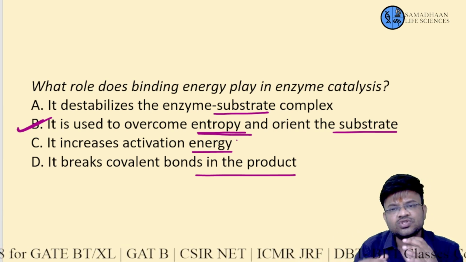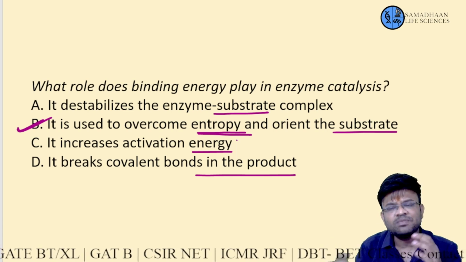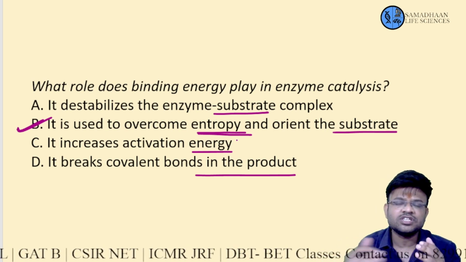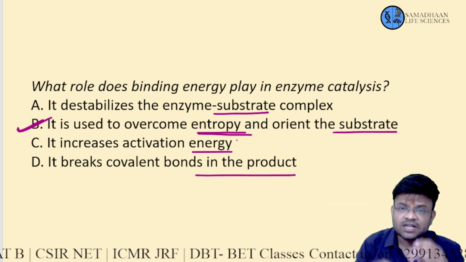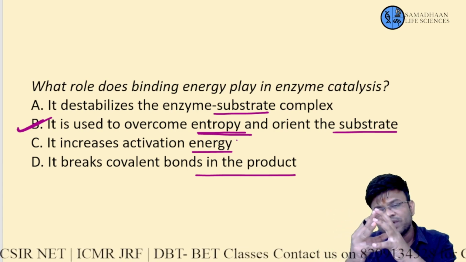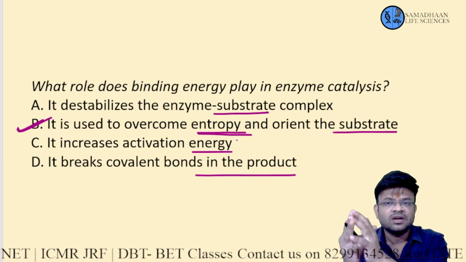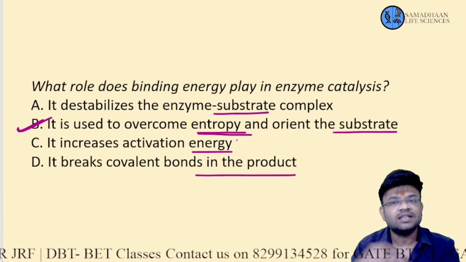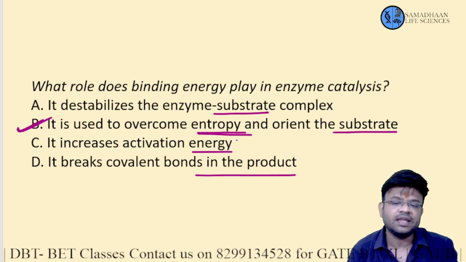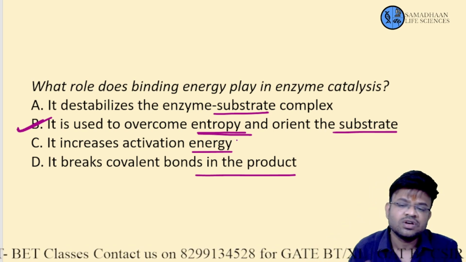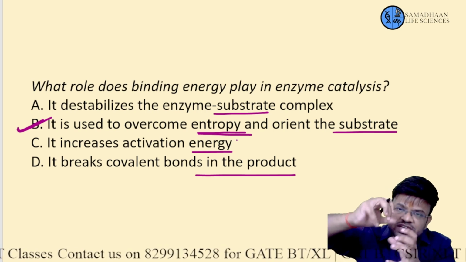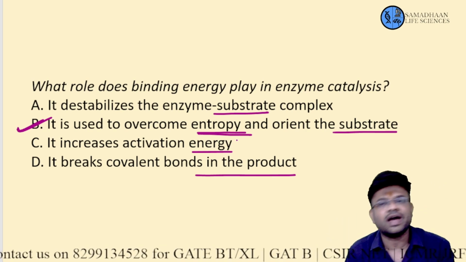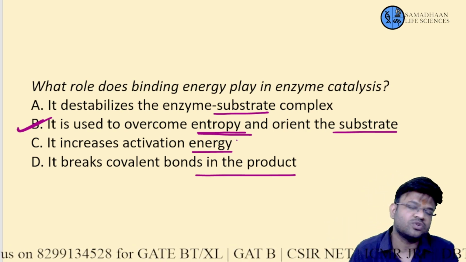Basically, it is used to overcome the randomness, because you might be knowing that the randomness of the universe basically goes on increasing, but when the enzyme and substrate are binding together, the enzyme substrate complex has comparatively lower energy, lower entropy, and this entropy is lowered down by the binding energy only, and it is also used for orienting the substrate, or for changing the structure of the substrate, or for properly aligning the substrate into the active site. So that is why correct option over here is B.